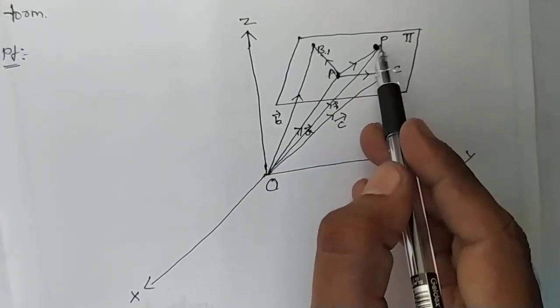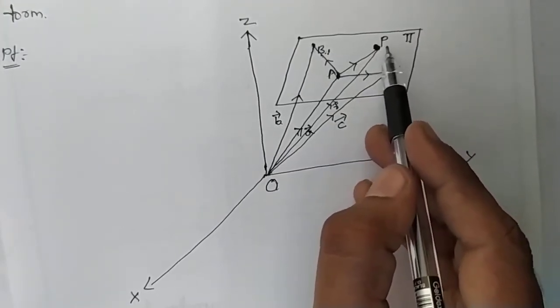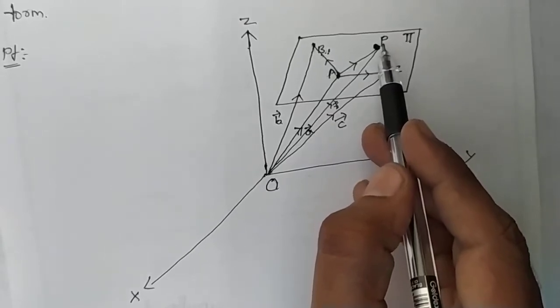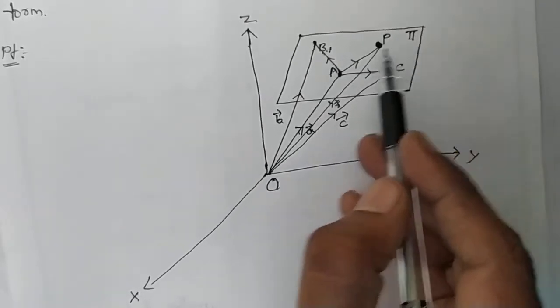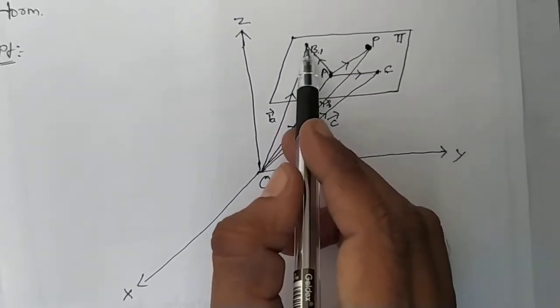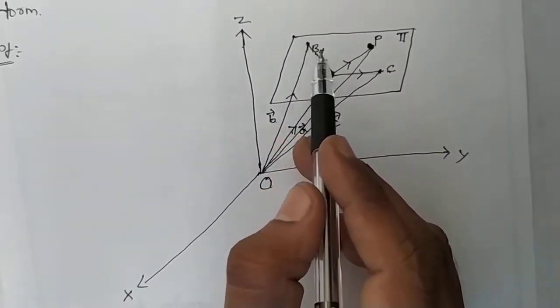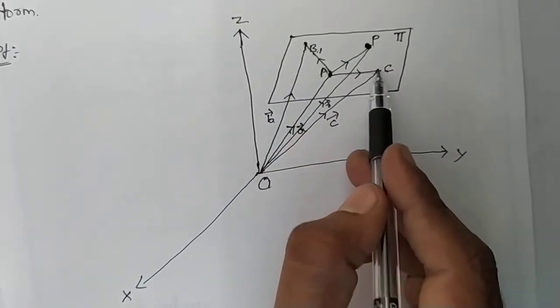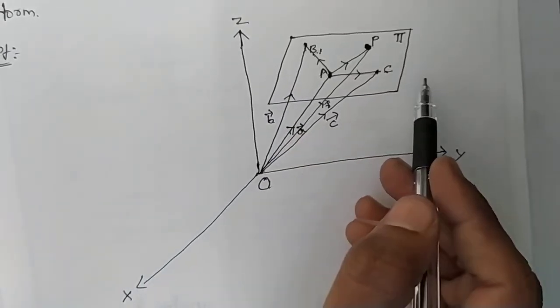The point P will be x, y, z. Point A will be x1, y1, z1. Point B will be x2, y2, z2. Point C will be x3, y3, z3.